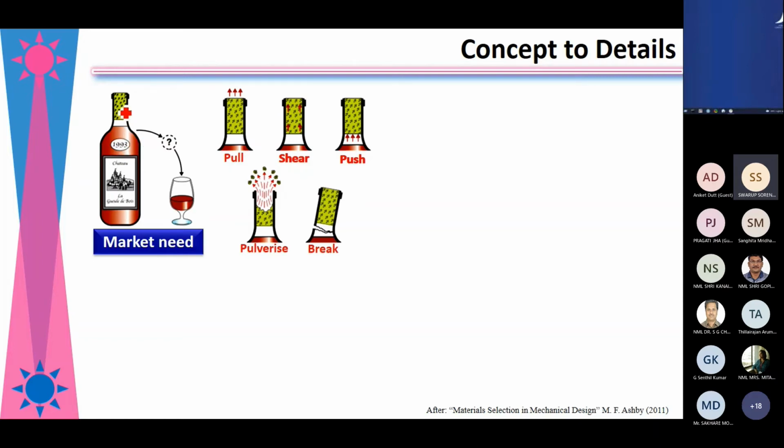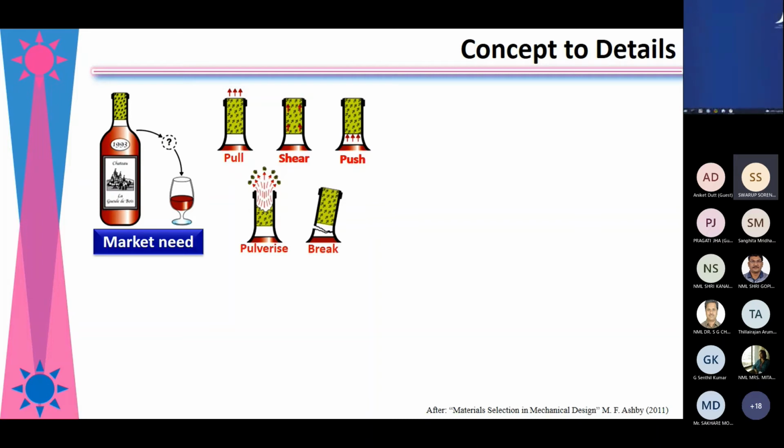There is a cork inside and it is closed. Now, there are several possibilities how we can do that. We can pull it, we can shear it here at the periphery. This cork can come out, or we can push it from inside, or we can just drill it, or we can break it. These are the possibilities.